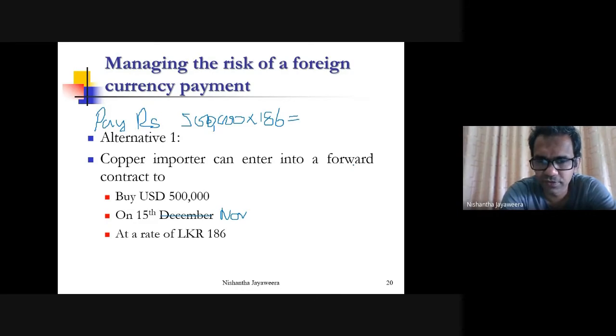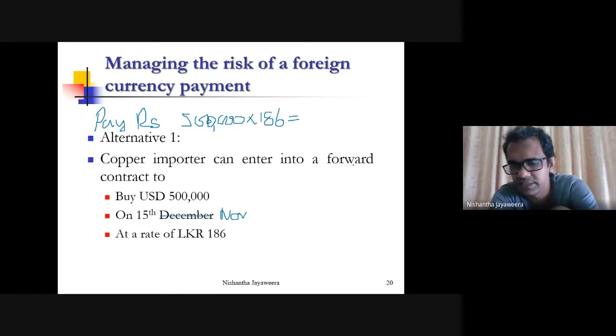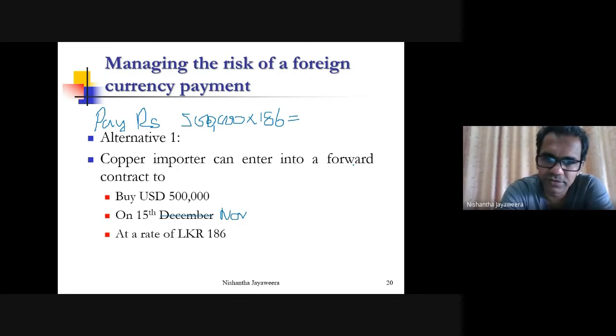So if you are to use a futures contract, you face the basis risk, that risk is there. Other than that, it will hedge your position.